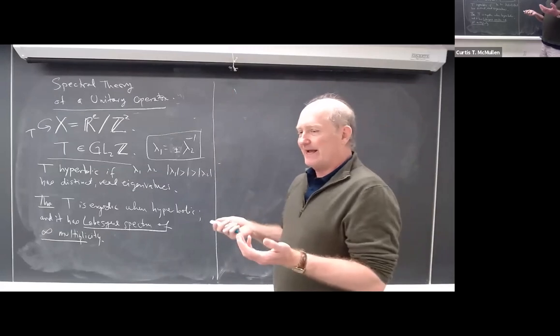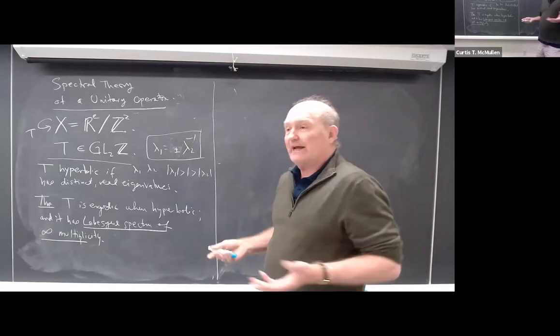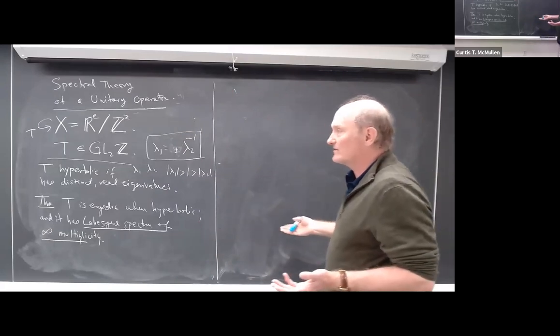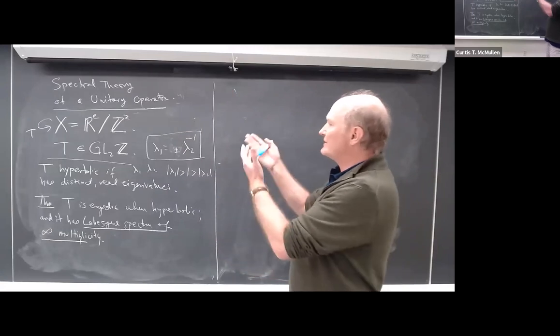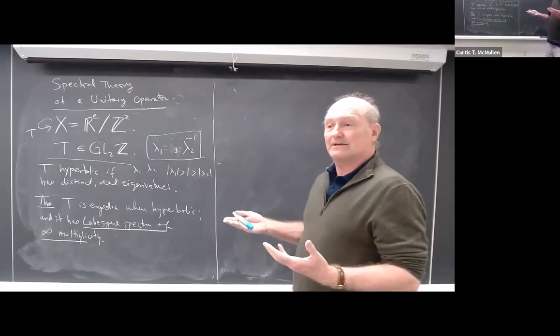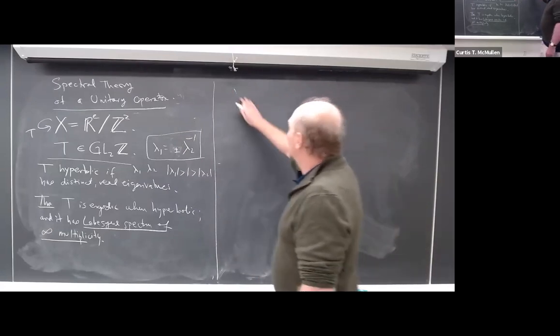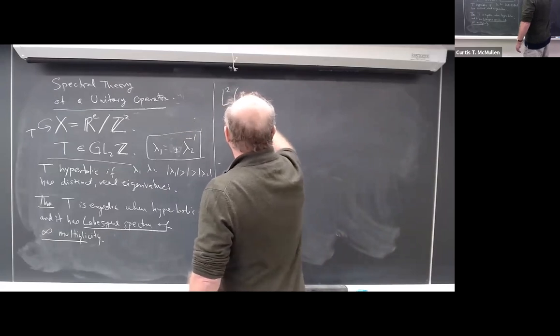Okay, now how should we analyze a transformation on the two torus? Well, we analyze it the same way we analyze a transformation on the one torus, the circle. Namely, we choose an obvious basis for L2, and we look at how it acts on that basis. So what can we say about L2 of the two torus?